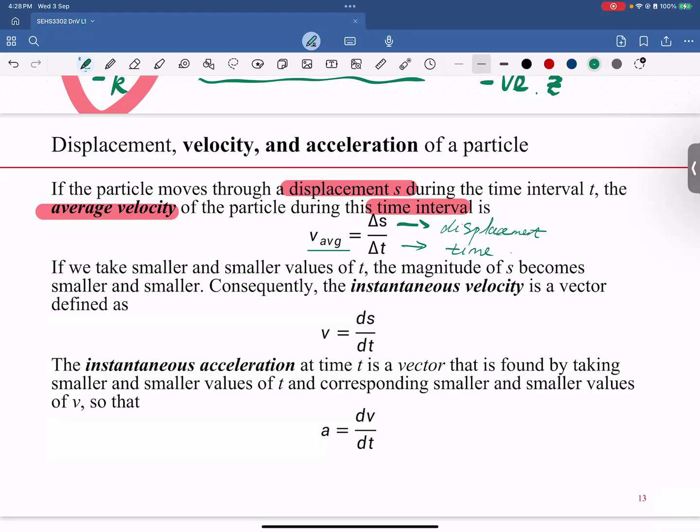Velocity: when you see velocity, it means direction and magnitude. Okay? Because displacement contains direction and magnitude. It has two terms.